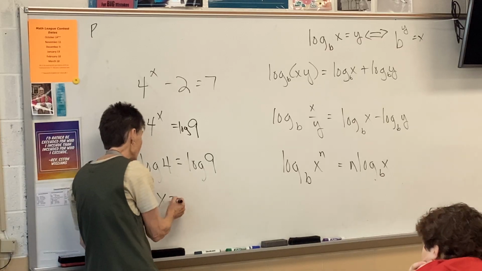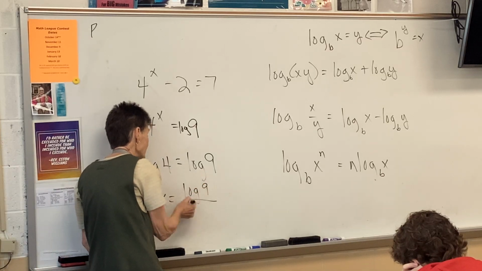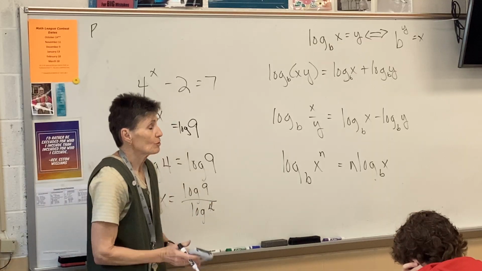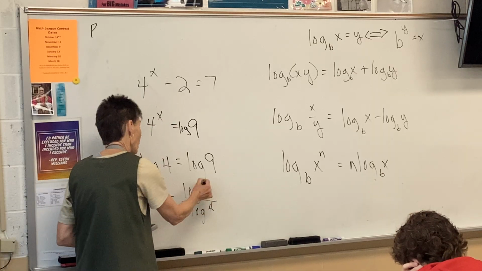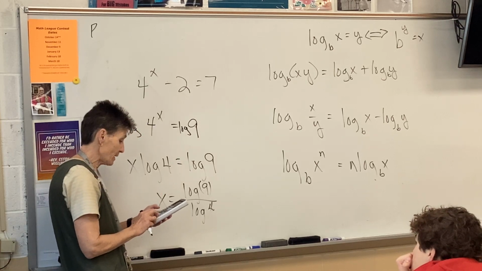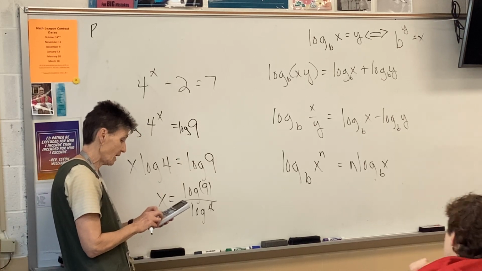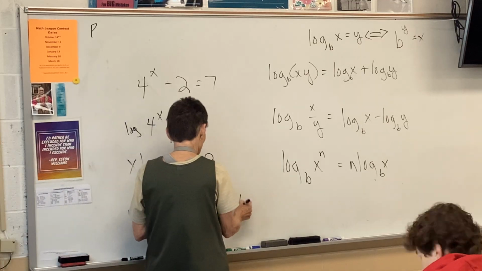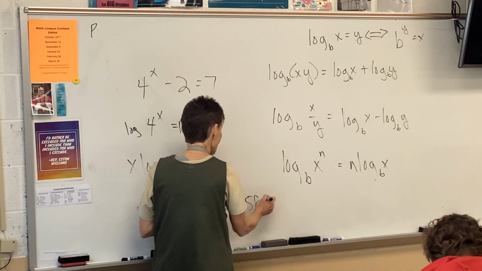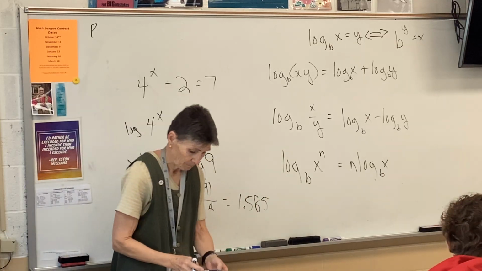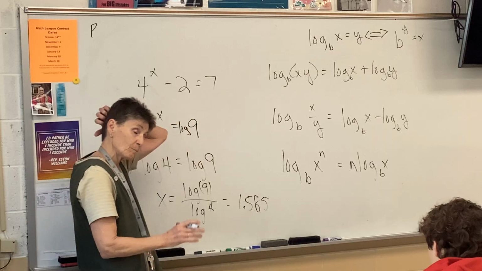And then x equals the log of 9 divided by the log of 4. Now make sure when you type that in, that you close the parentheses that automatically come in. So we have the log of 9 divided by the log of 4. And it's 1.585, if we round to the nearest thousandth, which is what we do in AP calculus.